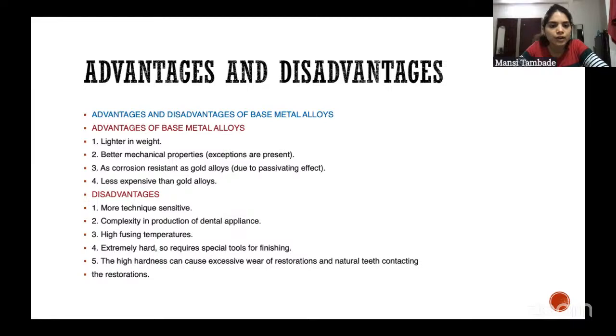The various advantages are lighter in weight, better mechanical properties, corrosion resistant and less expensive. Disadvantages are more technique sensitive, complexity in production of dental appliances, high fusing temperatures, extremely hard, so requires special tools for finishing. The high hardness can cause excessive wear of restorations and natural tooth contact in the restoration.